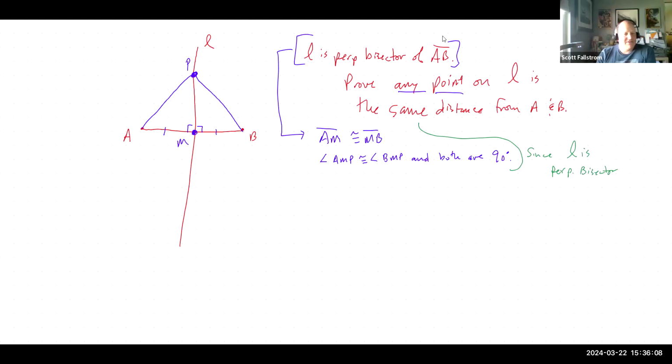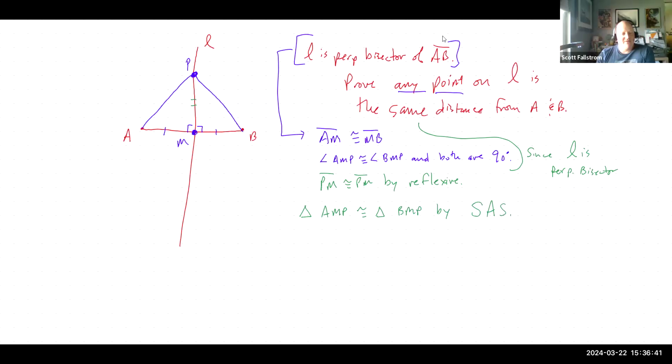And take a look, the side down the middle, PM, is congruent to PM by the reflexive property. And that's all we need. Now we have triangle AMP is congruent to triangle BMP by side angle side.